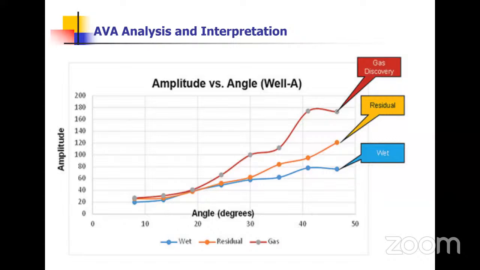So that's why it's always good to do this kind of qualitative analysis. When you do this qualitative analysis, you would be able to establish why you're having that kind of response.